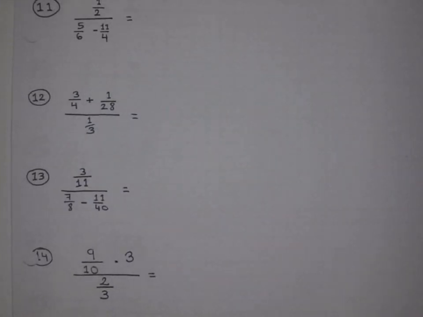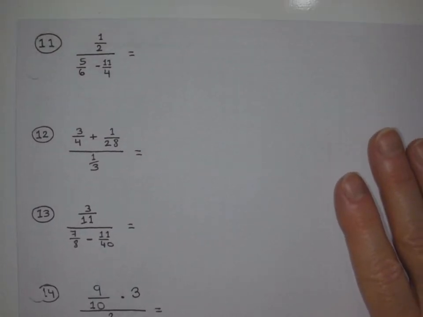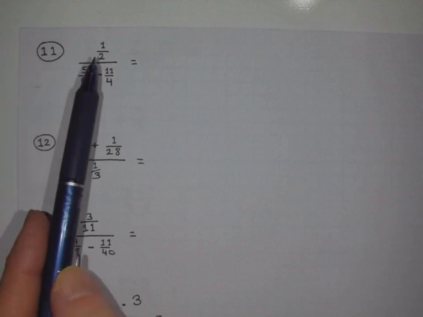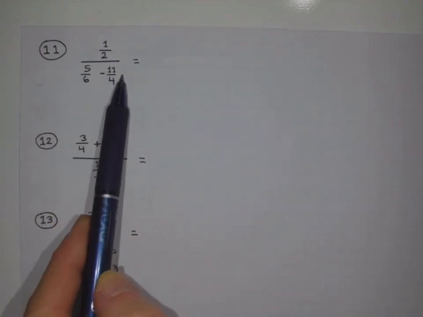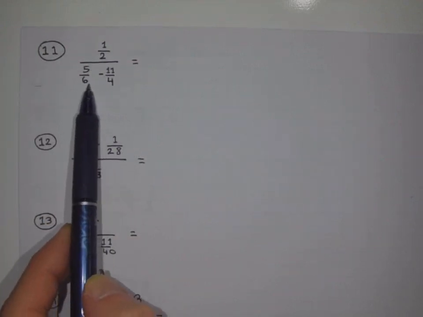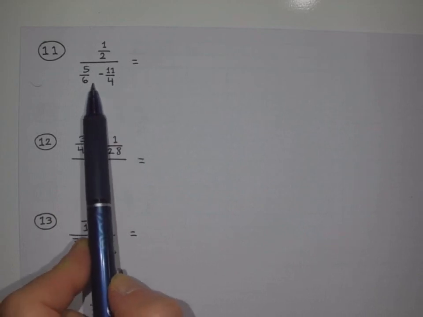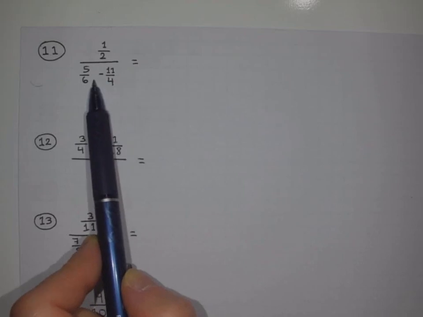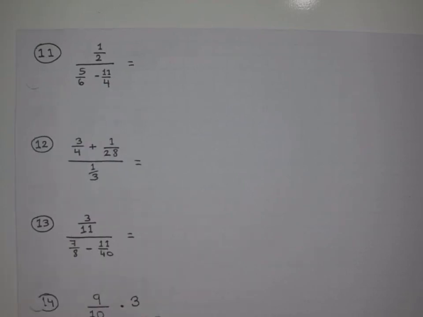Alright, so now we're going to look at number 11. And number 11 looks really, really scary. We have a fraction, and then we have a complex fraction, because we have fractions in the denominator as well, but not only just one fraction, we have a subtraction to perform here. So you could do that several ways.